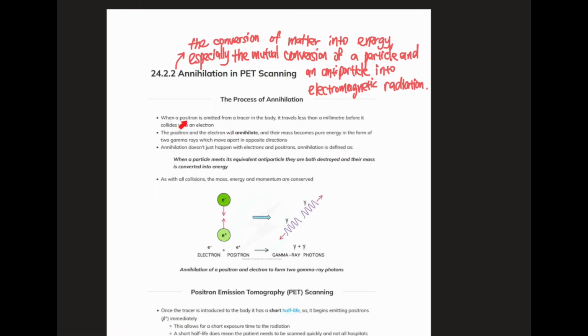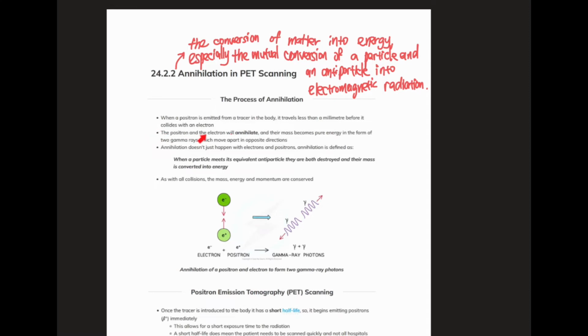When a positron is emitted from a tracer in the body, it travels less than a millimeter before it collides with an electron. So the positron comes out from the radioisotope, and after traveling a short distance, it collides with electrons.